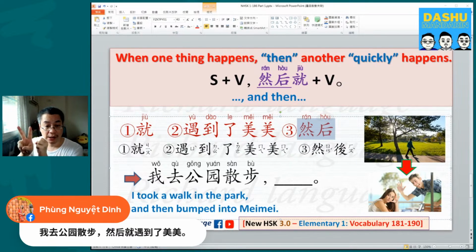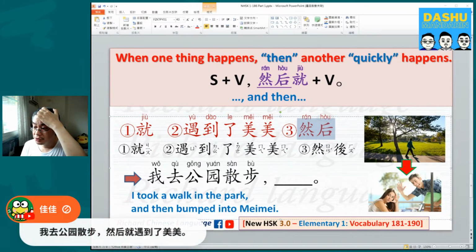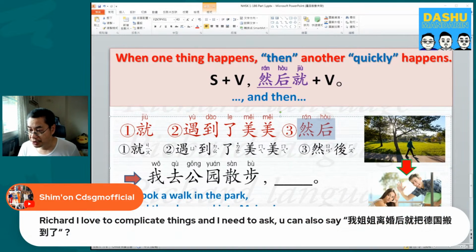我去公园散步，然后就遇到了美美. Richard, I love to complicate things and I need to ask you, can we also say 我姐姐离婚后就把德国搬到了? No, absolutely not. Because when you say 把德国搬到了, that means you move Germany. But you cannot do that, right? 把 plus object means you do a direct action to the object.